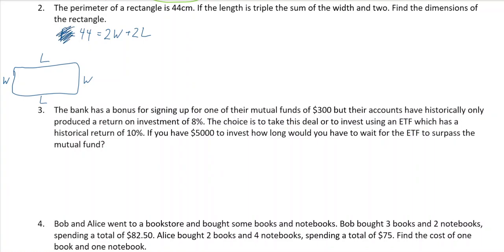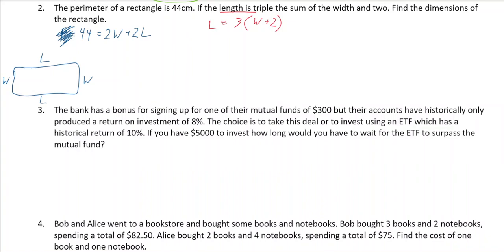We can kind of ignore this part now, and we have an equation with 2 variables in it. If the length is triple the sum of the width and 2, so plus 2, find the dimensions of the rectangle.